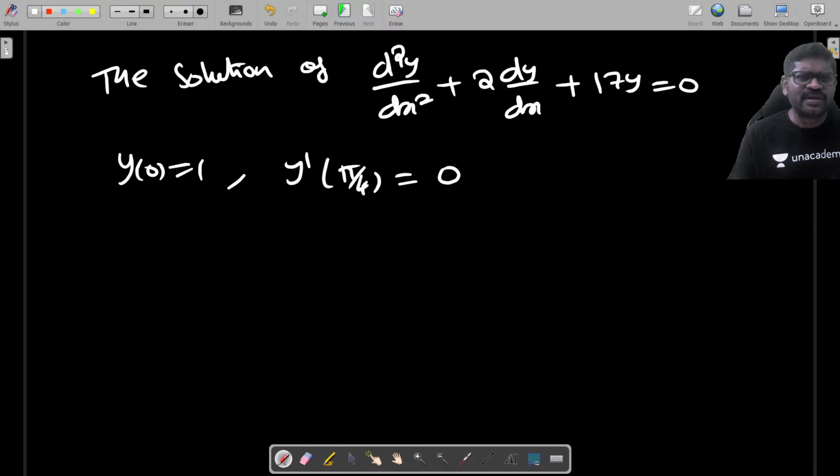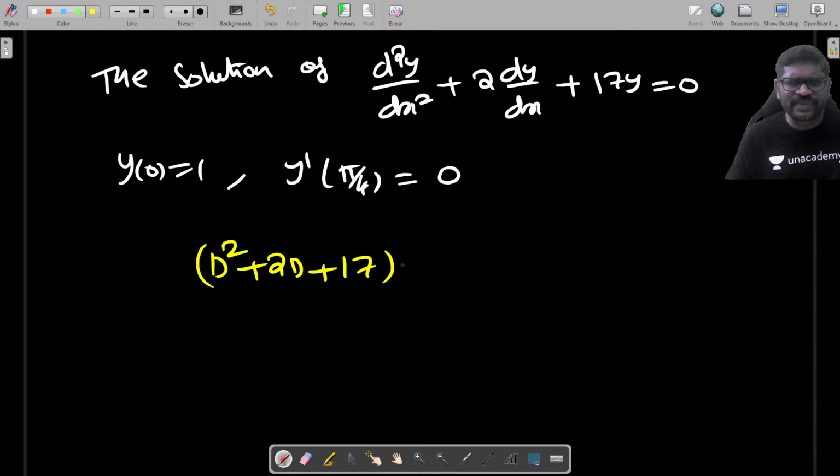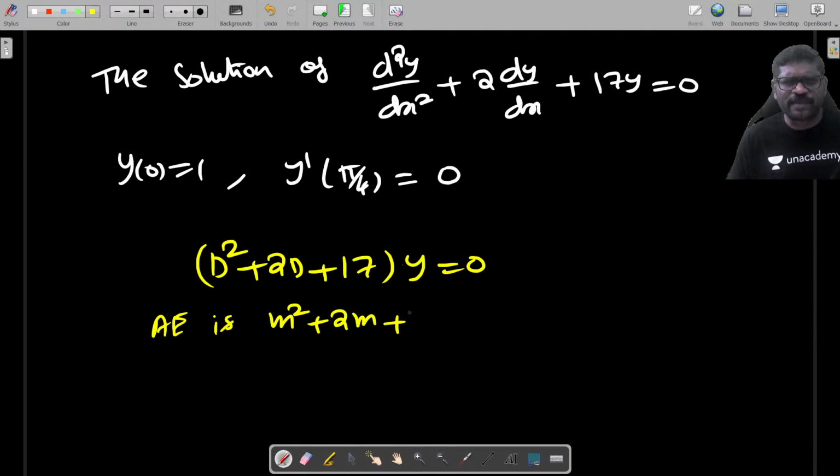Now, if you write the given equation in operator form, (d square plus 2d plus 17) y equal to 0, the auxiliary equation is m square plus 2m plus 17 equal to 0.